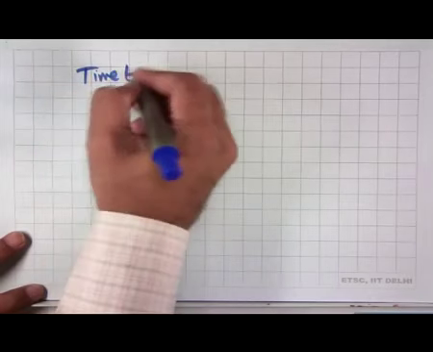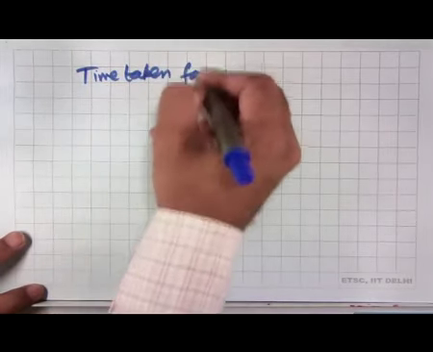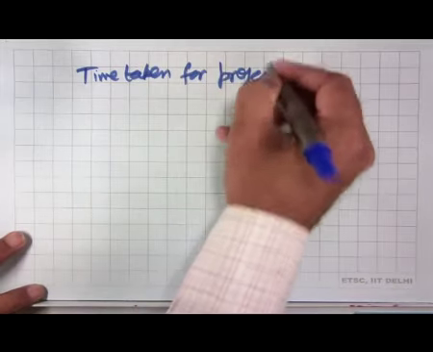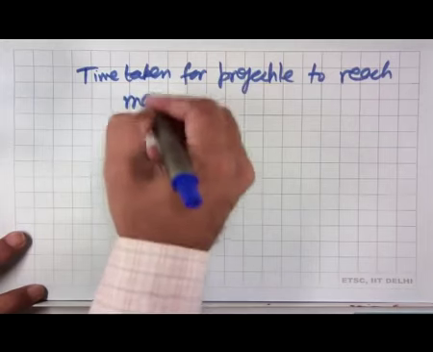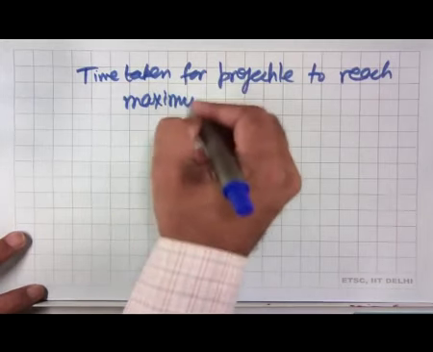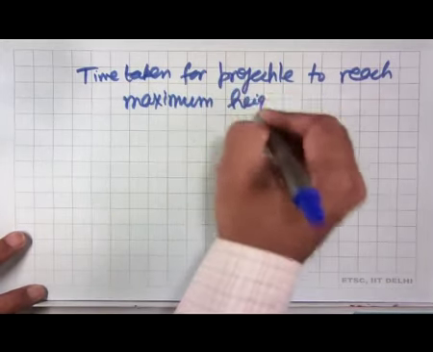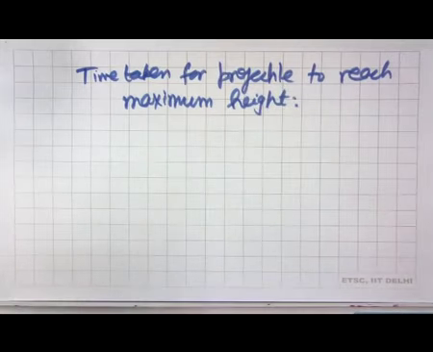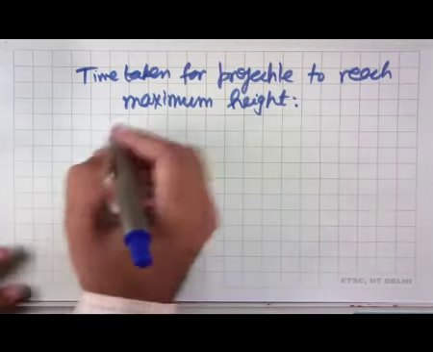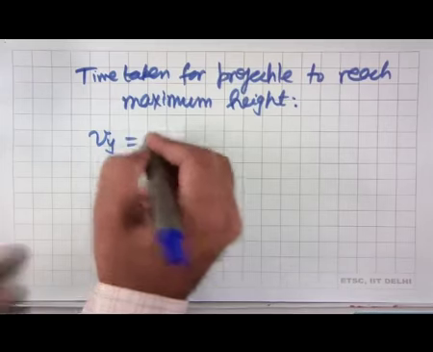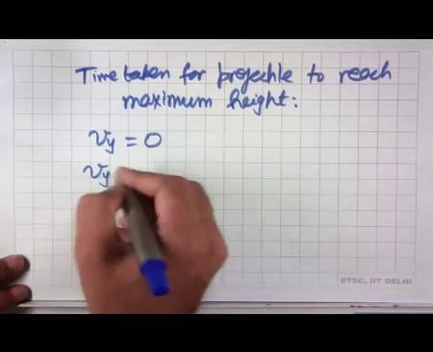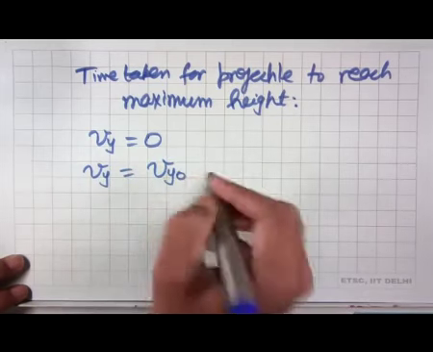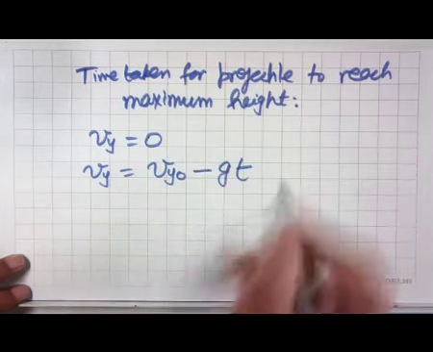Now, let us calculate some of the quantities. First, if we want to find the time taken for the projectile to reach maximum height, we put v y equal to 0, and we have v y equal to v y 0 minus g t.